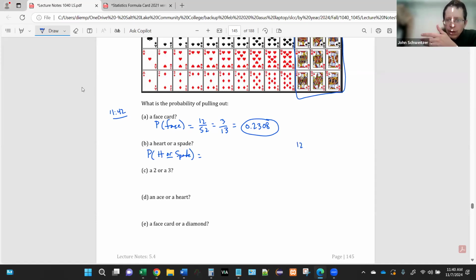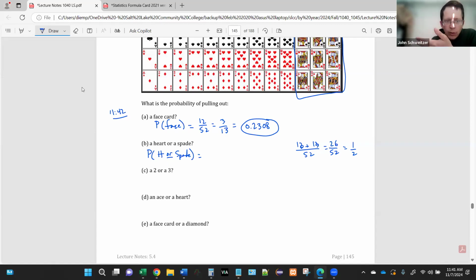Well, we have 12 hearts plus 12 spades, I'm sorry, 13, right? We have 13 hearts, we have 13 spades, so that's 26 over 52, which is a half. And sometimes that happens with these. You get to the answer and then you realize, oh yeah, it's a half because that's 2 out of the 4 suits, right? So pretty straightforward there.